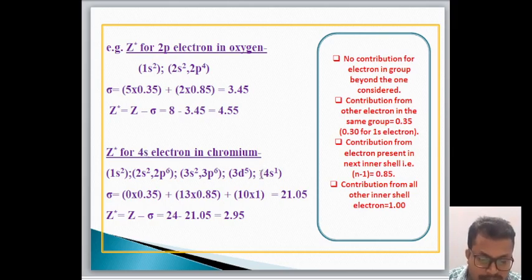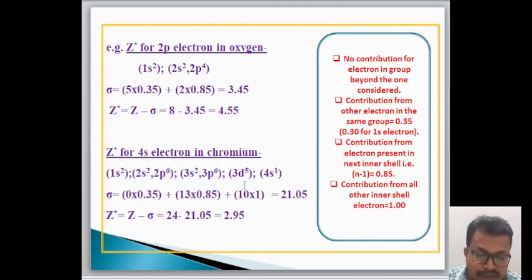Since only one electron is present in this group, and as I have already mentioned, we do not count the electron for which we are finding the screening constant, the contribution from this group will be 0. So it becomes 0 into 0.35.